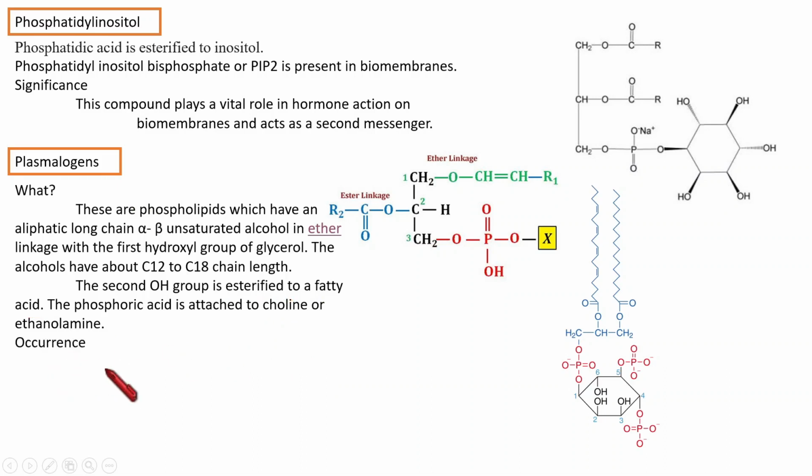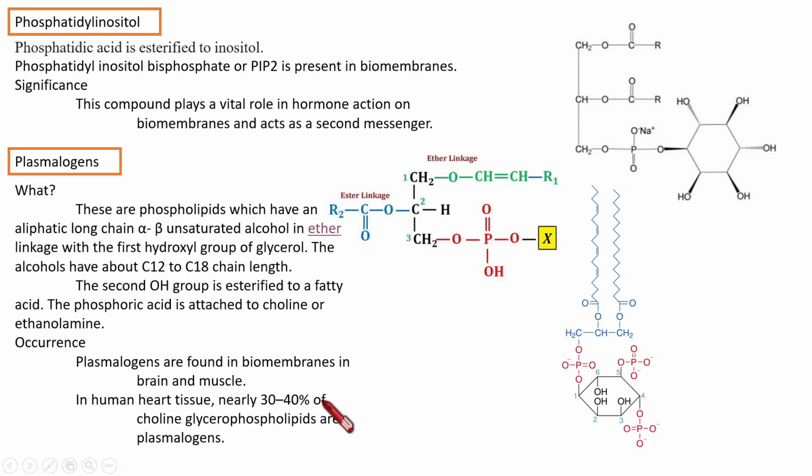Then where can we find plasmalogens? It is also an important compound and constituent of biomembranes, in brain and muscle. And also nearly 30 to 40 percent of human heart tissue is composed of this plasmalogen. Which type of plasmalogen?